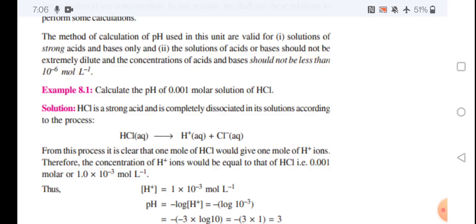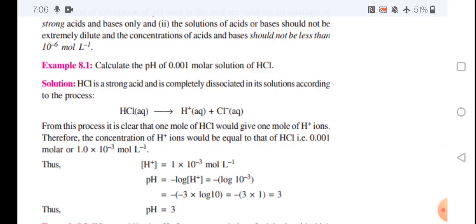Here we have one hydrogen ion, so pH is equal to minus log of the molar concentration of H plus. Here we have only one hydrogen ion, so the concentration of hydrogen ion is equal to 1 × 10 to the power of minus 3, that is, 0.001 can be written as 10 to the power of minus 3 mole per liter.